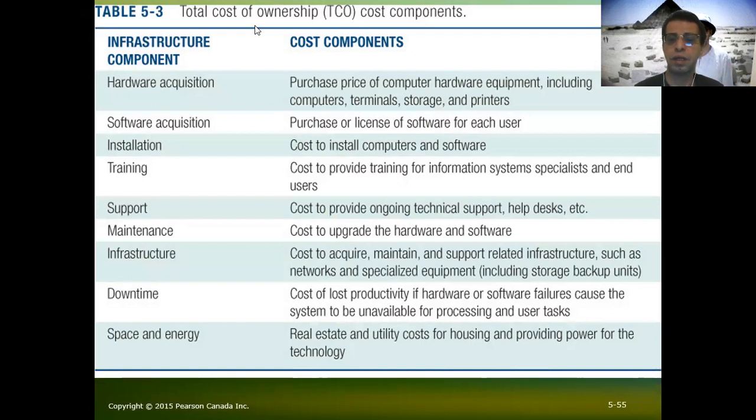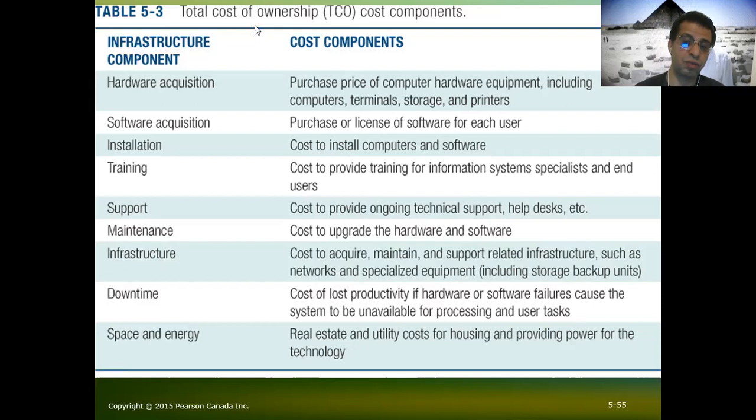part of it is purchase prices, hardware acquisitions: the purchase prices of computers, hardware, equipment, including computers, terminals, storage, and printers. Then you have what you call software acquisitions, which is the cost of installing computers and software.